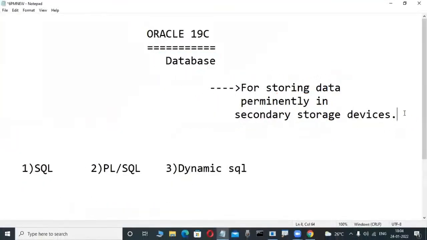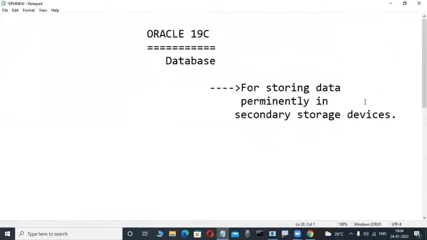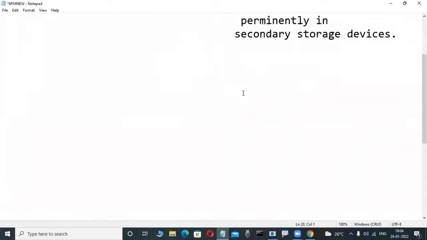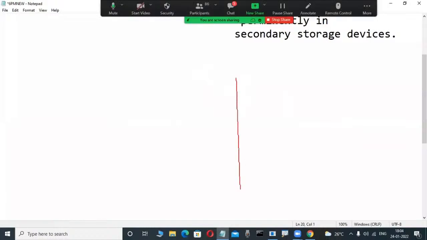But unfortunately, as I'm telling in previous classes, observe slowly: a database is a place. Whenever we install Oracle, SQL Server, DB2 in our system, automatically one place is created. That is called a database.